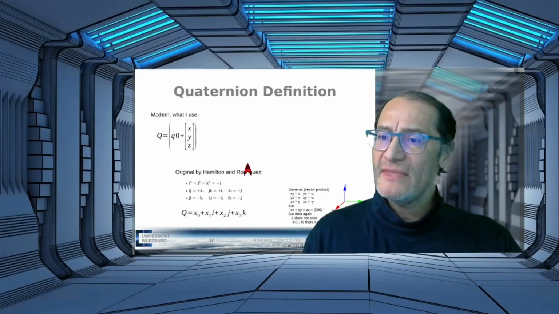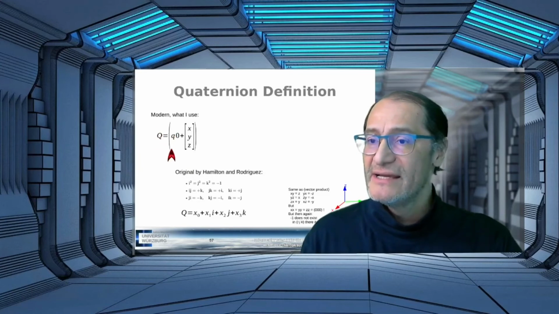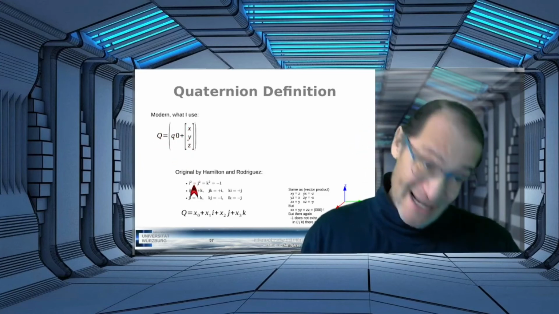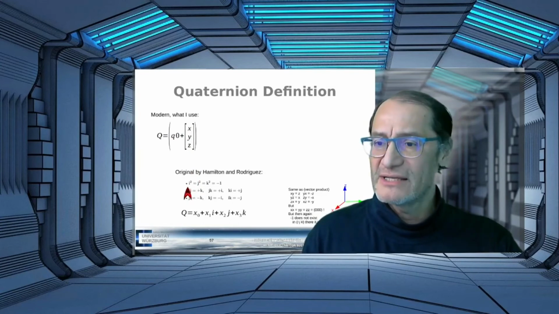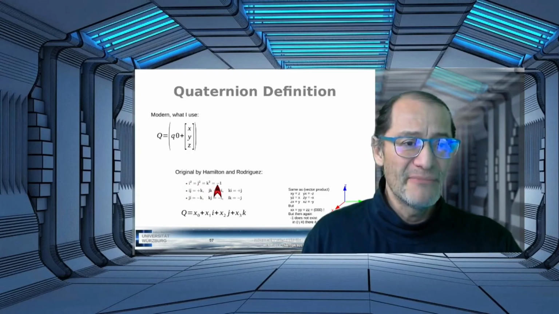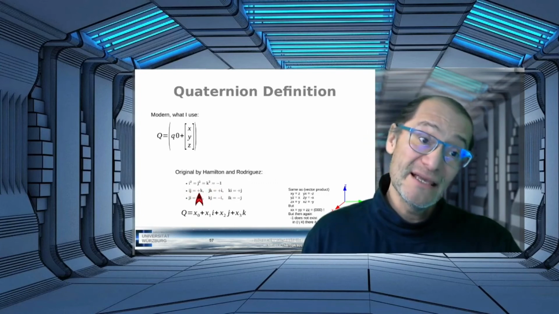Okay, and now the definition of quaternion, as I mentioned before, is this scalar plus three vector. The original from Mr. Hamilton and Mr. Rodriguez is much more complex. So we are using three imaginary numbers. The square of each of these numbers is -1, and if you multiply any two of these, you get the other one.